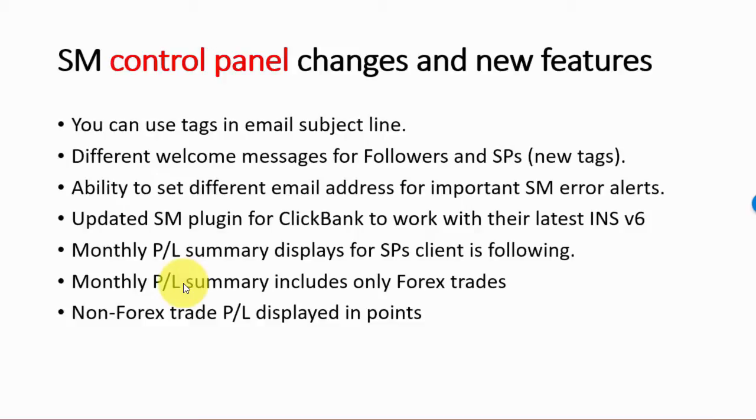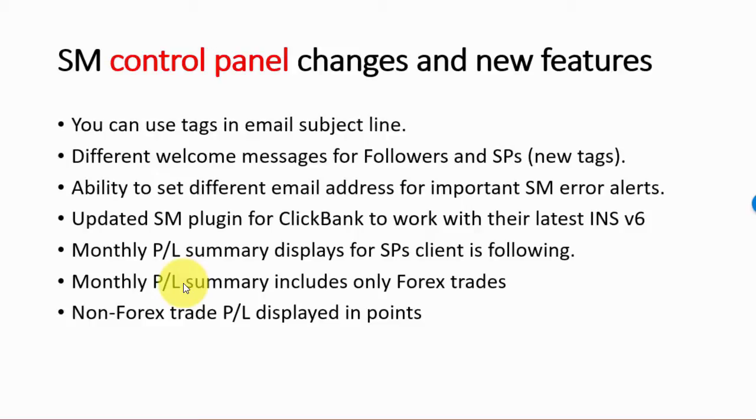It just messes up your results, and 100 pips on euro dollar is not equal to 100 pips on, like, S&P 500, for example, and so on. So I just removed that. In the future, I may create another plugin for that or something like that, but for now, just to fix the problem of incorrect calculations of these numbers, I just removed non-Forex trades from that summary.